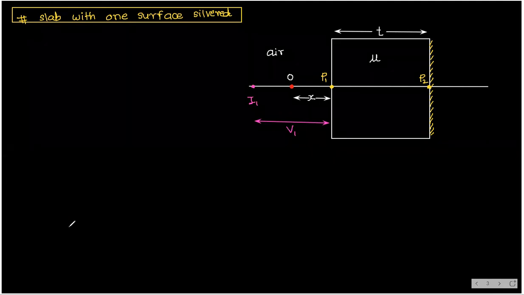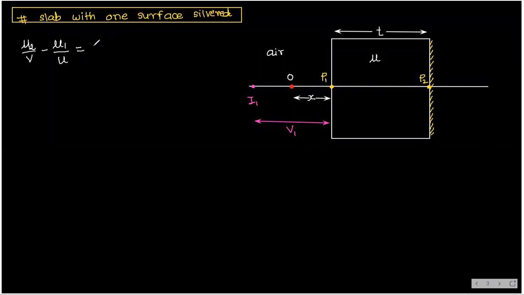So let's go to our formula. What is the formula? Mu2 by V minus mu1 by U is equal to mu2 minus mu1 divided by R. Concentrate. Now you see, this is not at all a curved surface. Is it curved surface? No, this is completely straight.